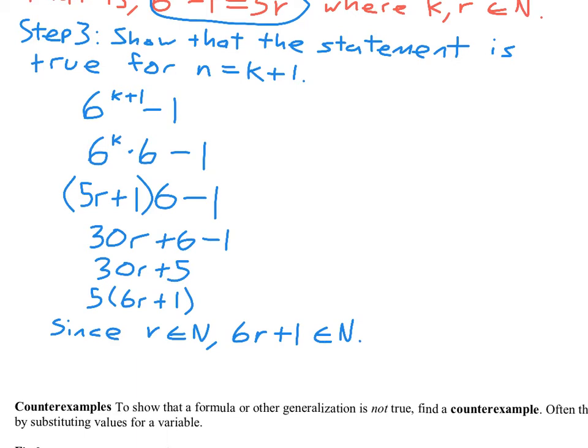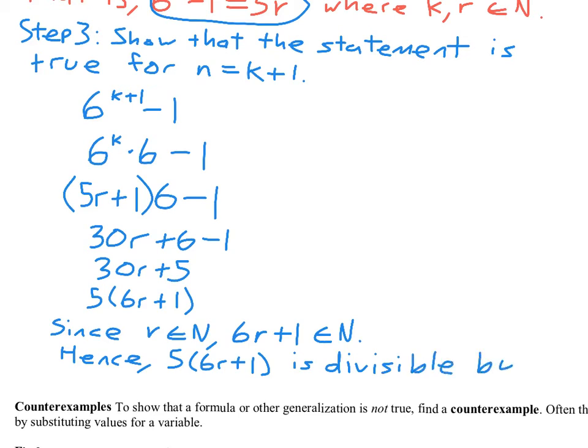Okay. I'm going to use hence. Hence 5 times 6r plus 1 is divisible by 5.